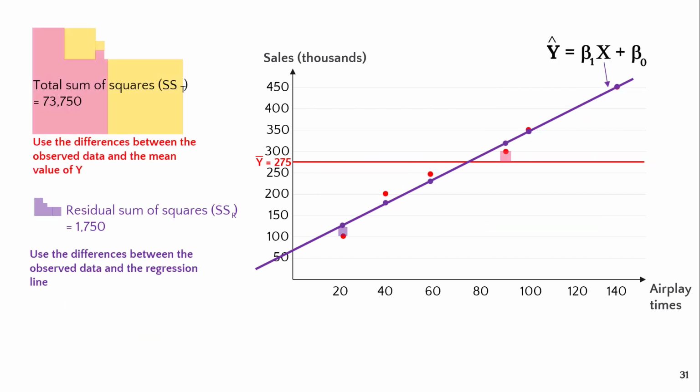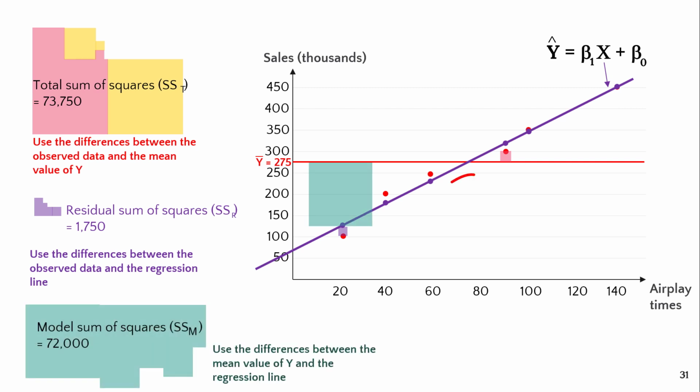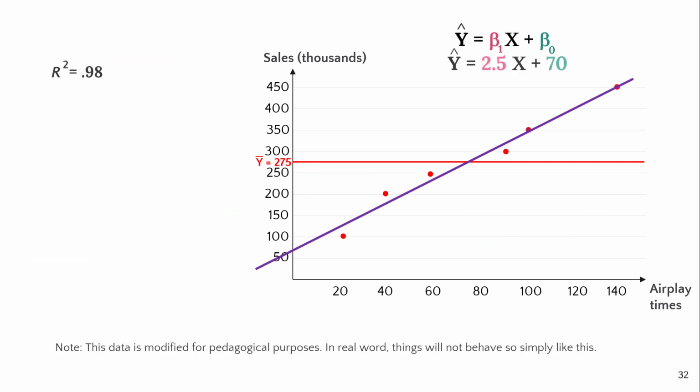If we divide SSM by SST, we will get R squared, which is a very important term for correlation and regression. R squared tells you how much variance in the dependent variable is explained by the independent variable, or a predictor. For example, we get our R squared as 0.98 from the calculation.